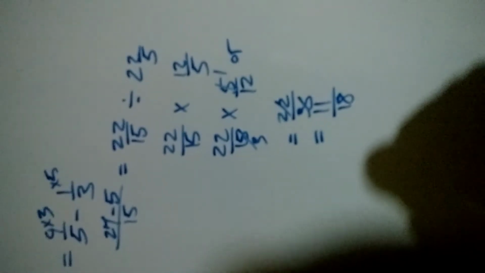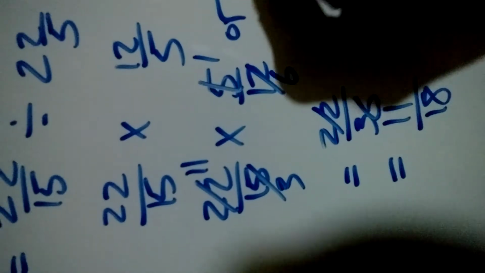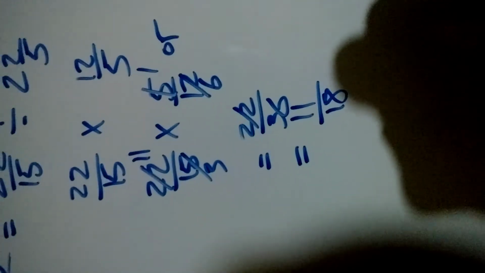Additionally, we could have cancelled 22 and 12 as well. Let us look at that. 2 into 22 is 11 times, 2 into 12 is 6 times. So we would have had 11 times 5, which is 55, and 15 times 6, which is 90.